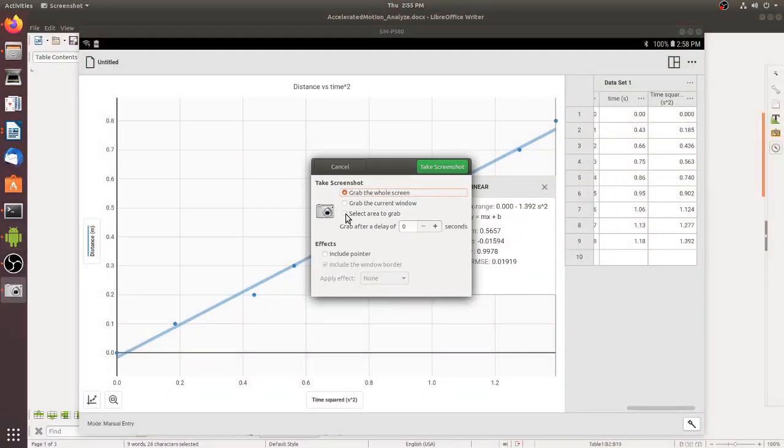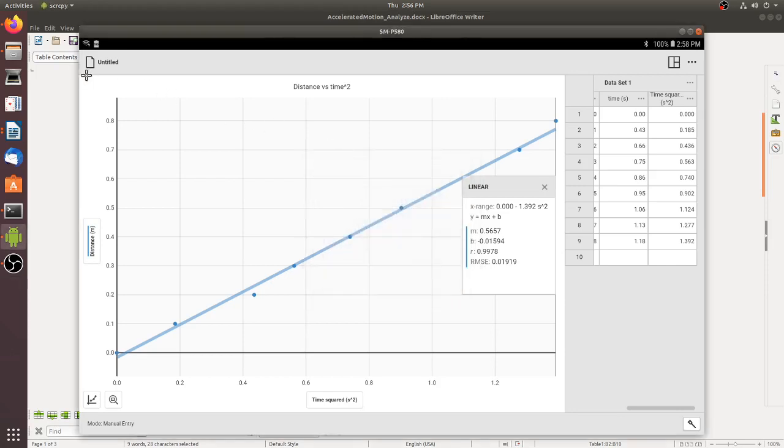The screenshot tool in Windows is called Snippet. Snippet might be a good thing for you to look into. You can select an area and take a screenshot of your screen. Take screenshot. All right.